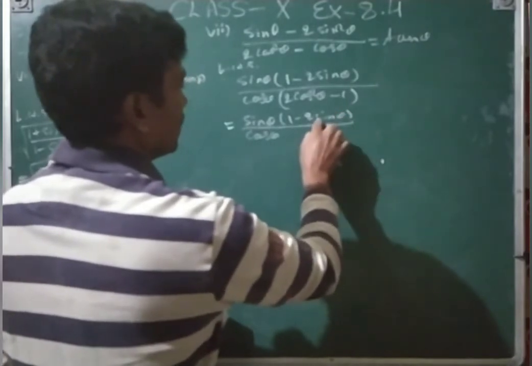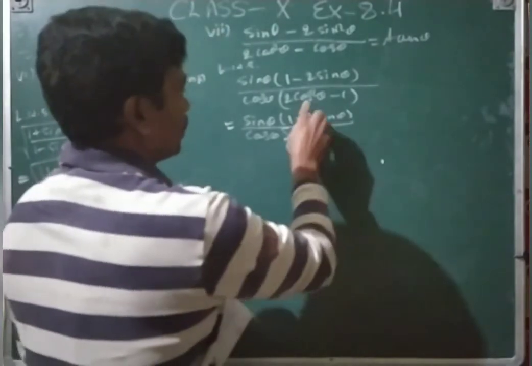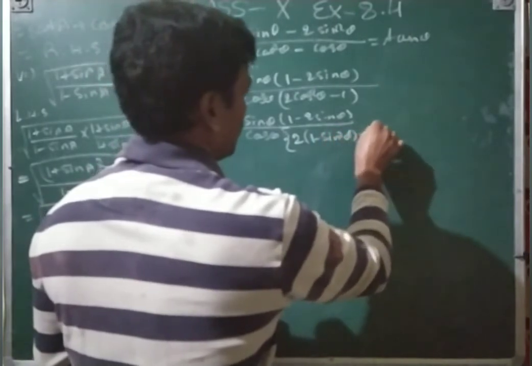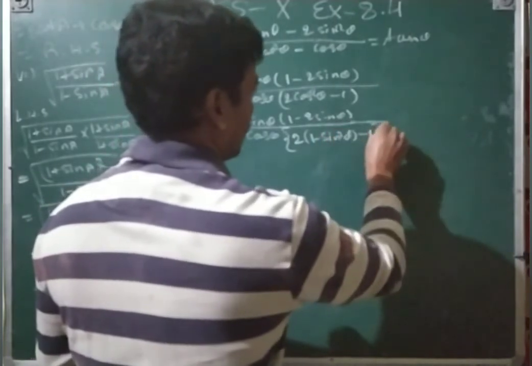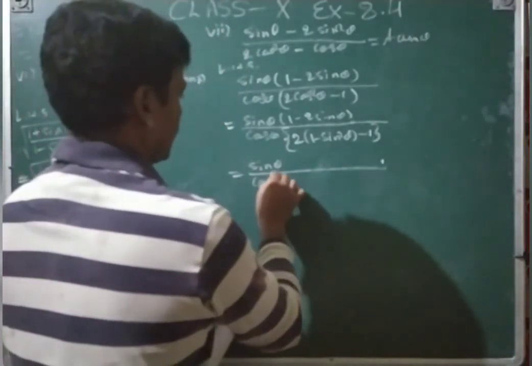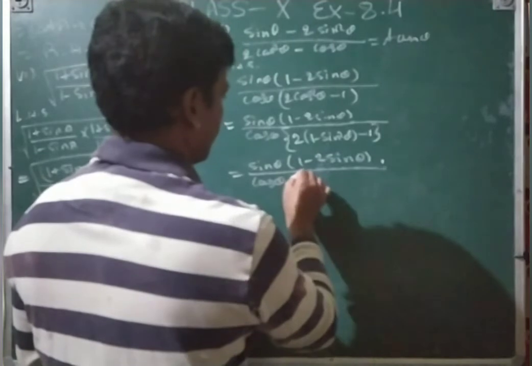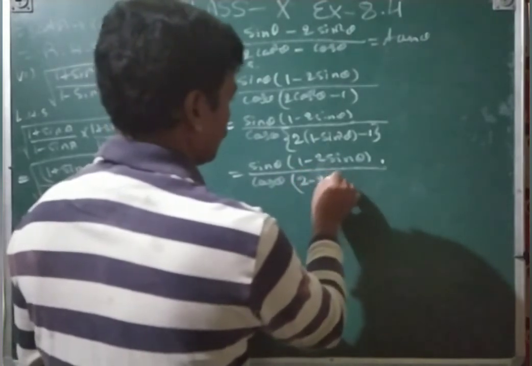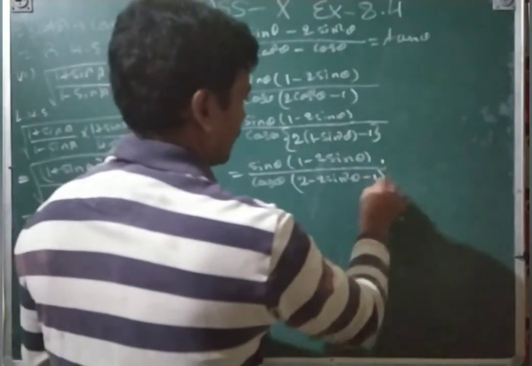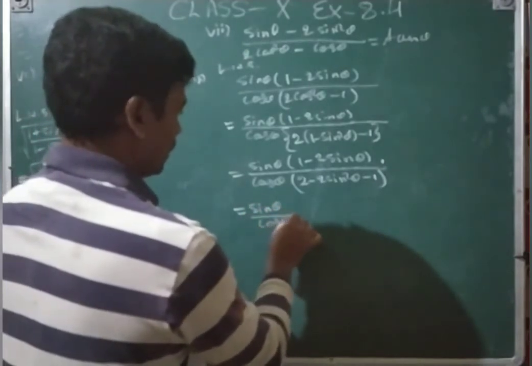This one thing also we can change, and this one is better to change. 2 cos square theta means 2 times 1 minus sin square theta, and then minus 1, so this will be 2 minus 2 sin square theta minus 1.